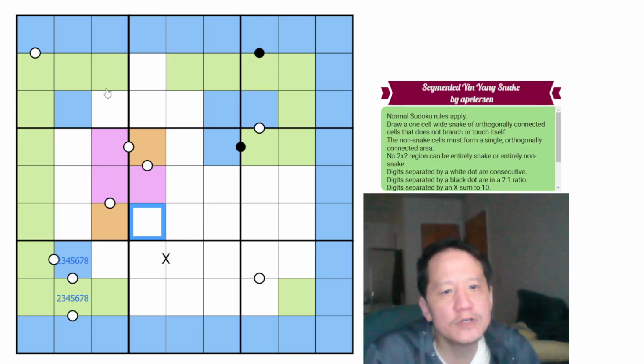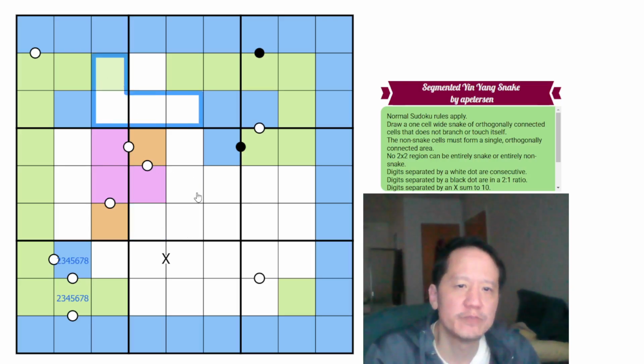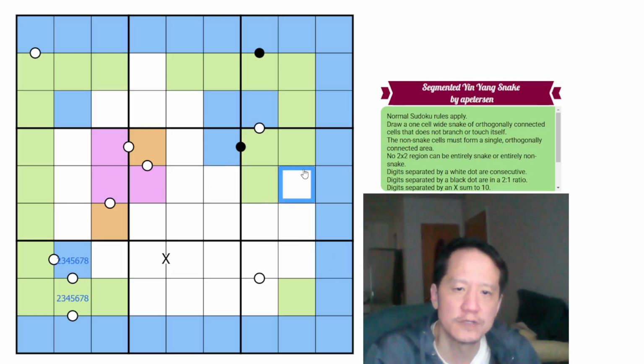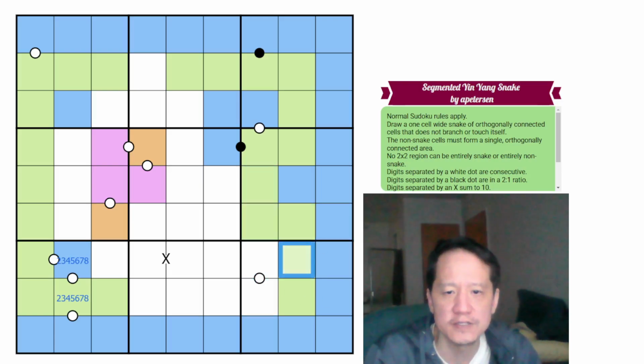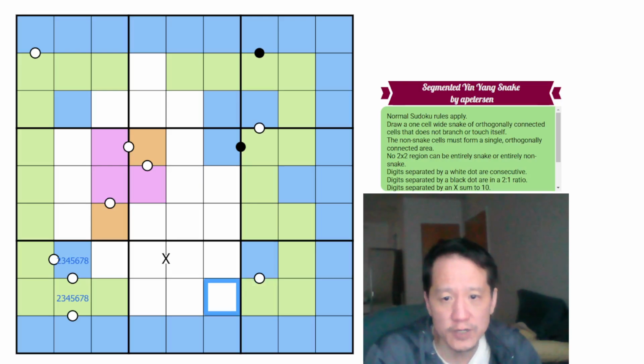It could go something like that. That's possible. This has to go down here to continue. This cannot be a snake, so therefore that's that. This can't be a non-snake, so then it connects this way. This has to extend down here, which means this has to go here, which means this has to be non-snake. So it has to continue this way.